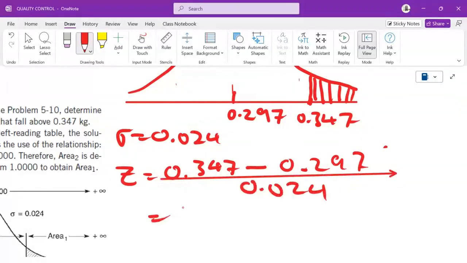Then the Z is 0.347 minus 0.297 over 0.024. Then your answer is 2.08. You always leave two decimal numbers. Then you go look for it, and it's positive also.